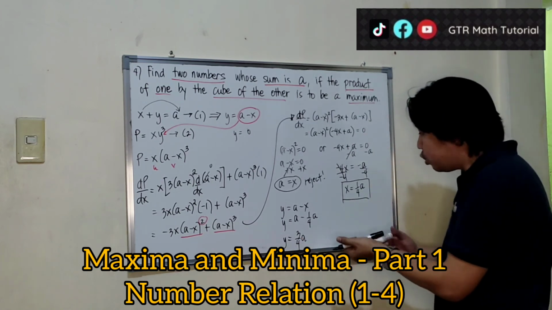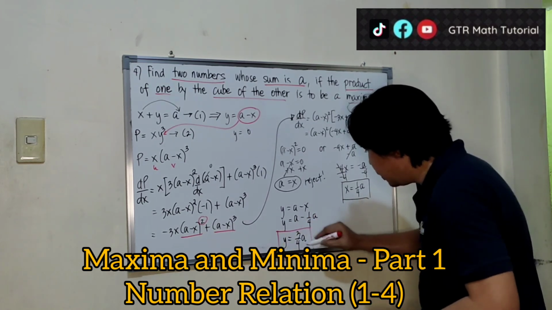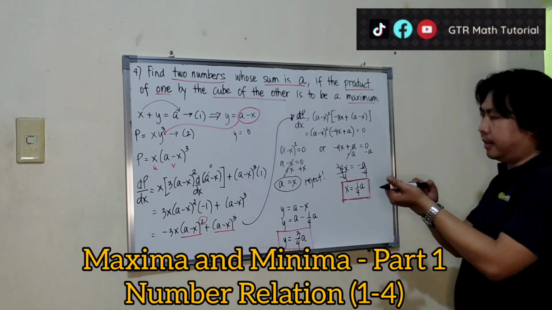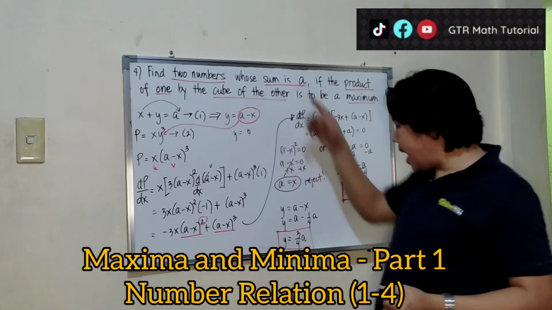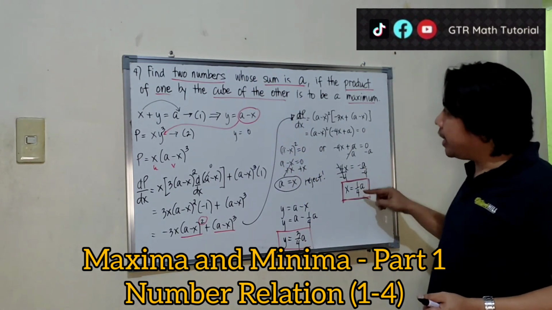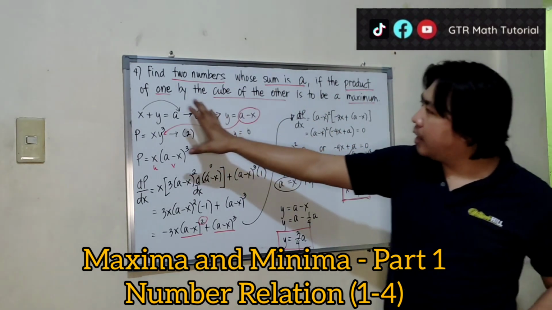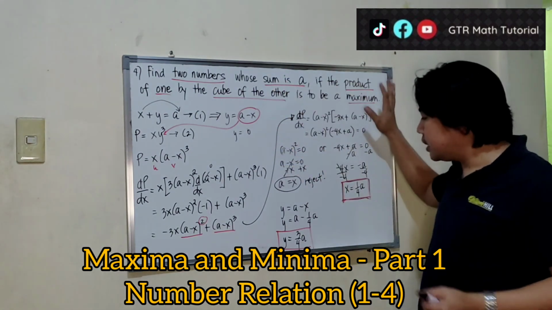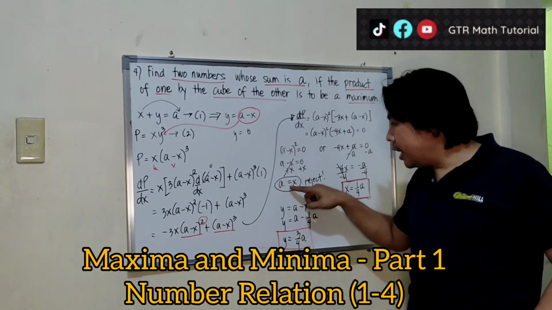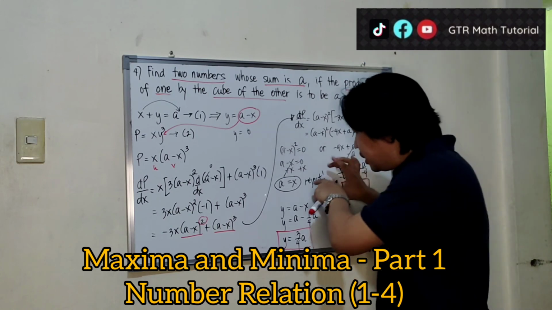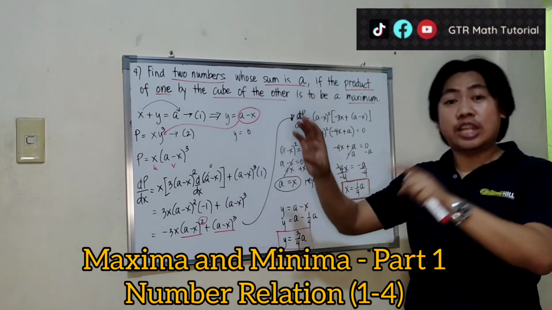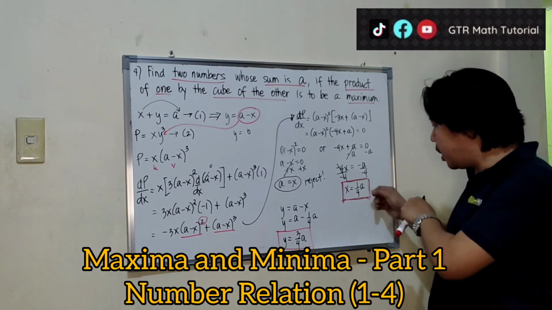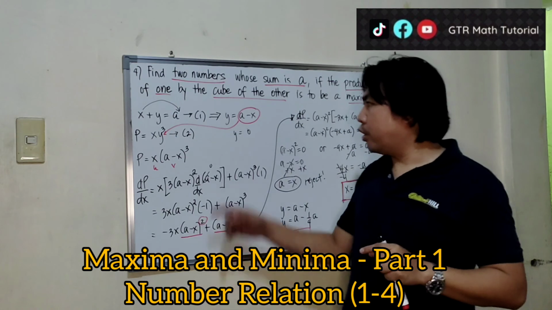So therefore, the two numbers are 3/4 a and 1/4 a. Okay? So when we add them, 3/4 a plus 1/4 a, that is equal to a. So their product of the one number and the cube of the other is maximum. So we reject a equals x because the product of this is 0. So that is not maximum since the product is 0. So the only answer, the two numbers are 1/4 a and 3/4 of a.